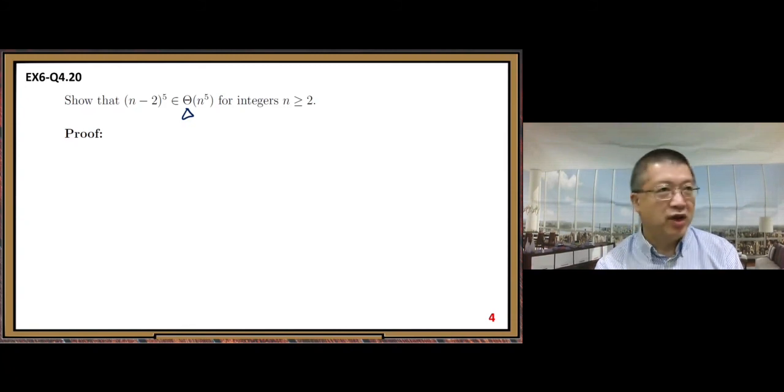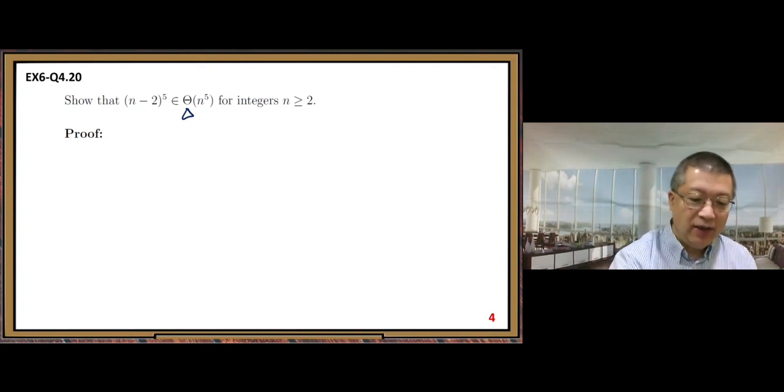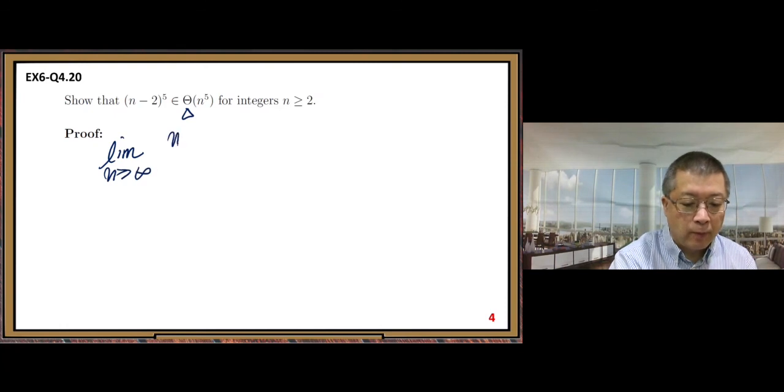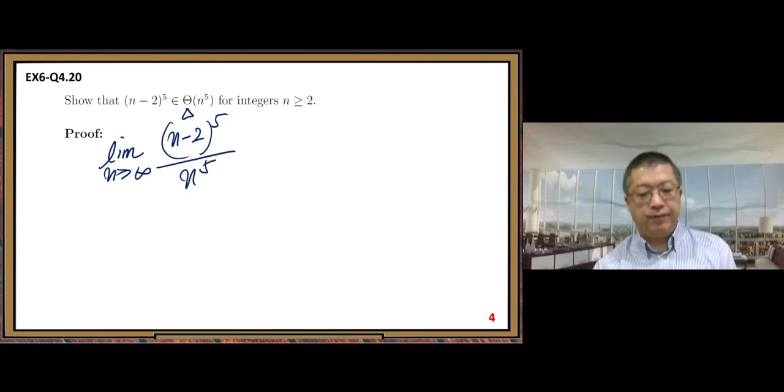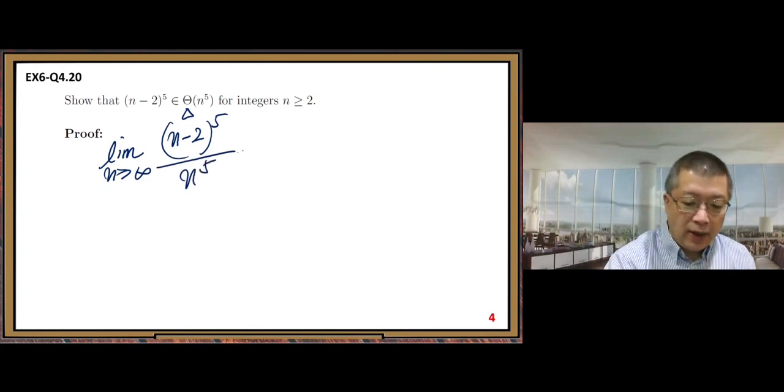This one, you can try that. It's pretty simple. So let's do it. All right. Let's calculate this limit.